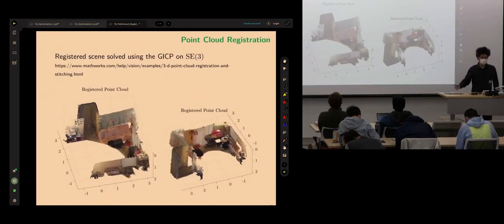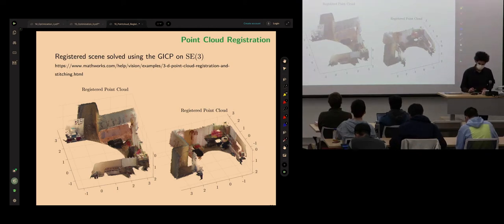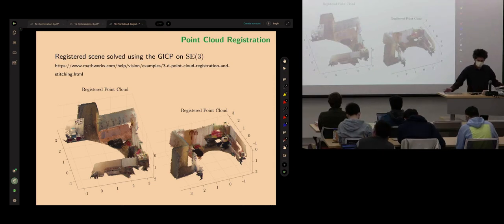So we know at this point that that's a better formulation, and this probabilistic notion helps not to trust points just based on Euclidean distance, but also to take the uncertainty and the shape around the point into account. You solve this GICP on SE3.